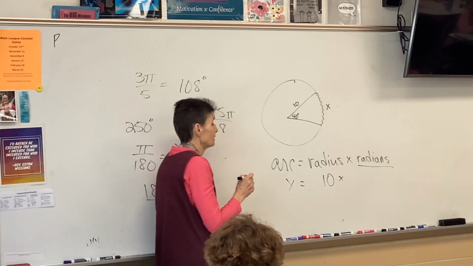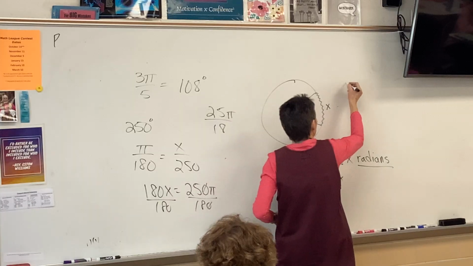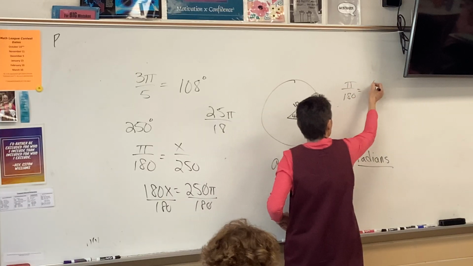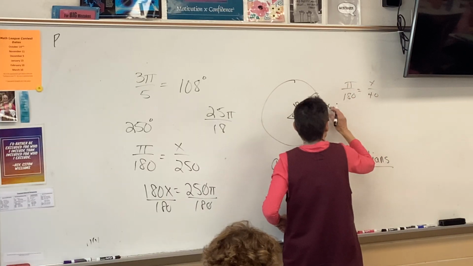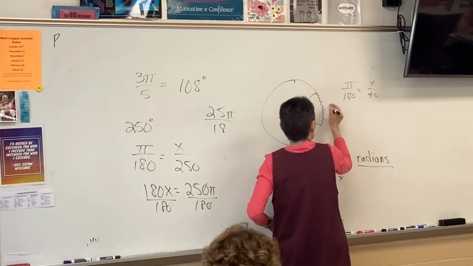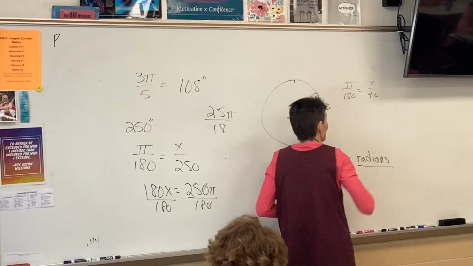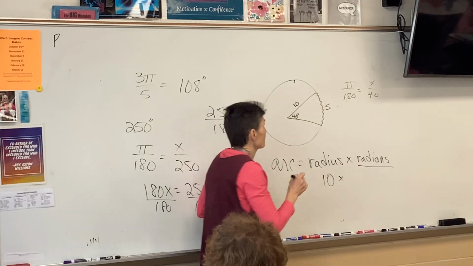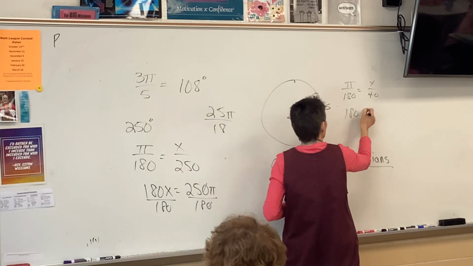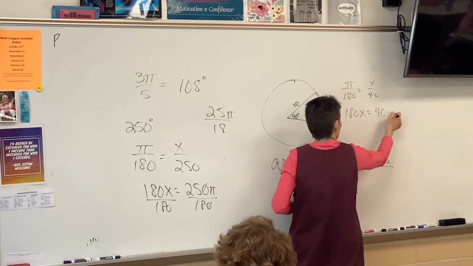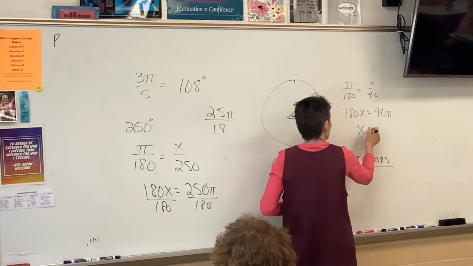What I just did. So pi over 180 equals something. Use a different letter here. Equals something over 40. So I'll cross multiply and divide.